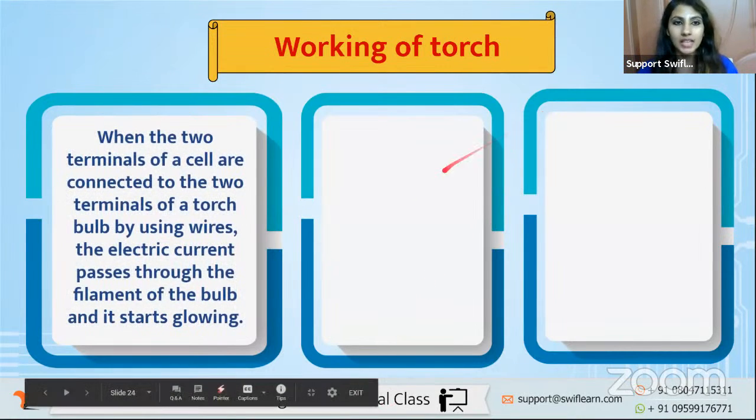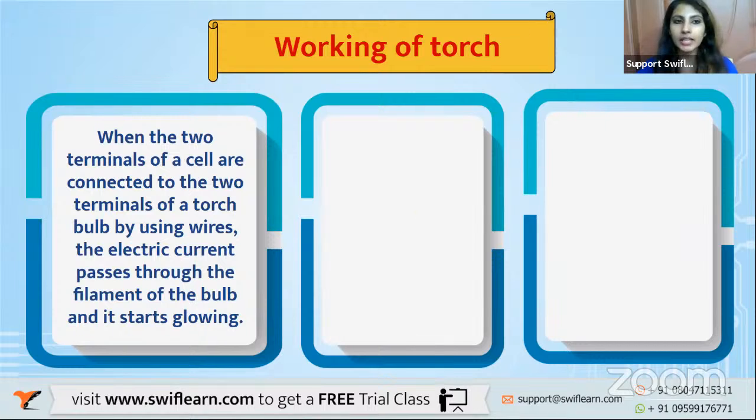Okay, I'll start. How this torch works is that there are two terminals of a cell, right? Those two terminals of that cell will be connected to the two terminals of the torch bulb by using wires.